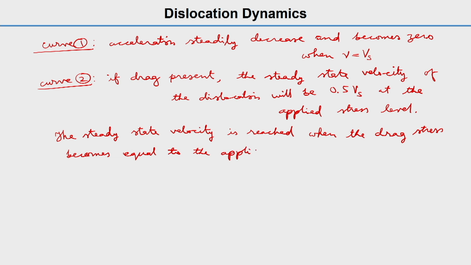So this is drag stress and this is applied stress. If they become equal, steady state velocity is reached.